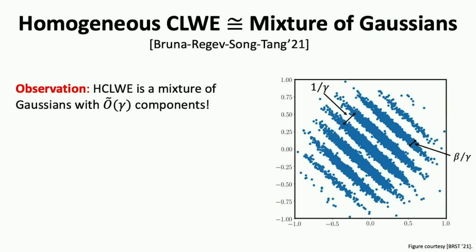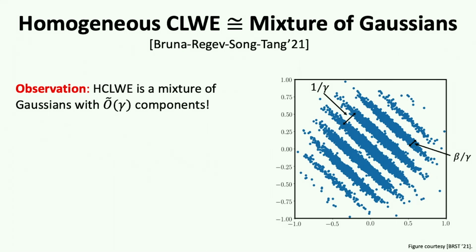All right. So here is how the two problems relate: homogeneous CLWE and Gaussian mixture learning. HCLWE is really a mixture of gamma components, after truncating it. Say again?